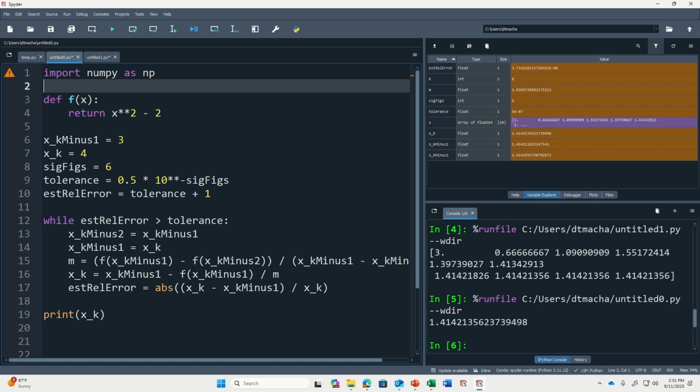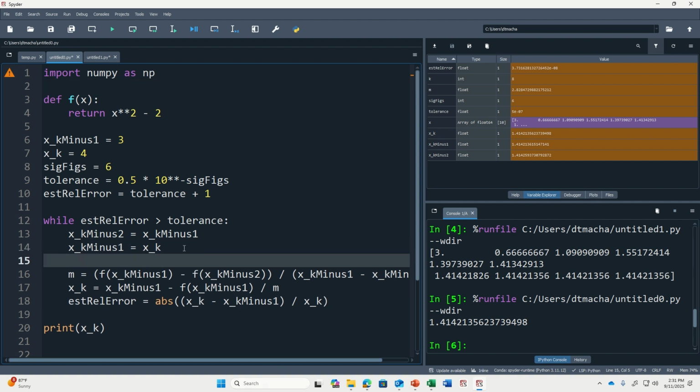I could have written this code so that it only calls the function one time. Let's do that really quick. That would look like f of x sub k minus 1. So I'm just creating a variable that grabs that function value.